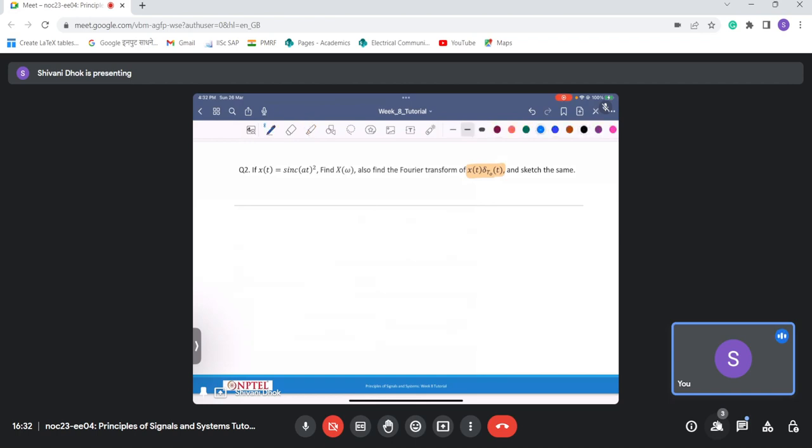So let's say this signal is x tilde of t, which is given as x of t into delta t naught of t, and the Fourier transform of this signal is 1 over 2 pi x of omega convolved with the Fourier transform of the signal delta t naught of t.